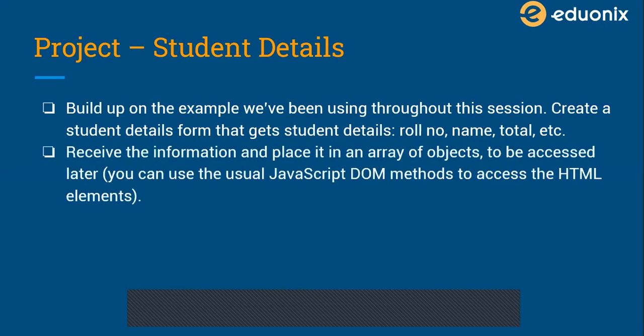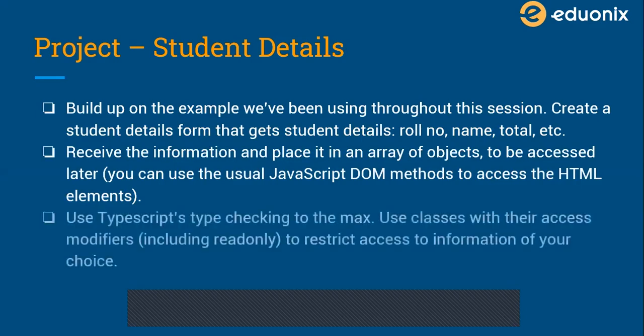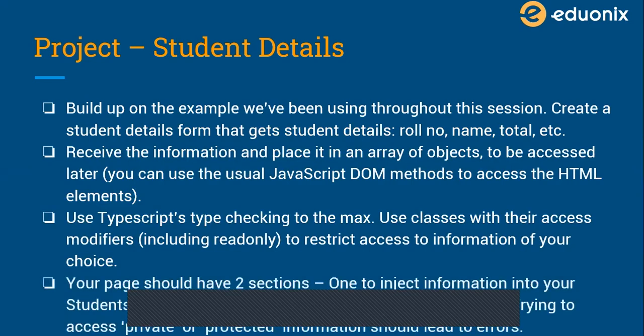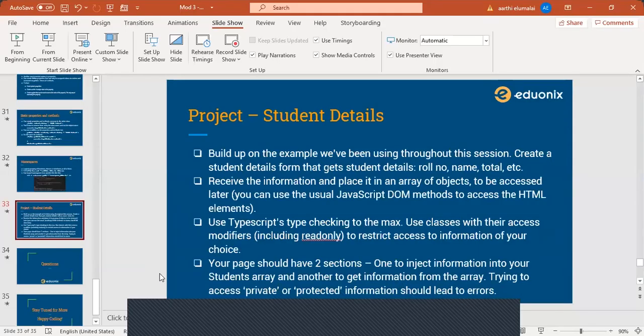You can use the usual JavaScript DOM methods to do that, and use TypeScript's type checking to the max. Use classes with their access modifiers to restrict access to information of your choice. Your page should have two sections, one to inject information into your students array, and another to get information from the array.